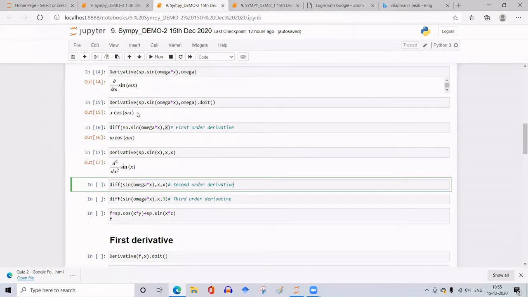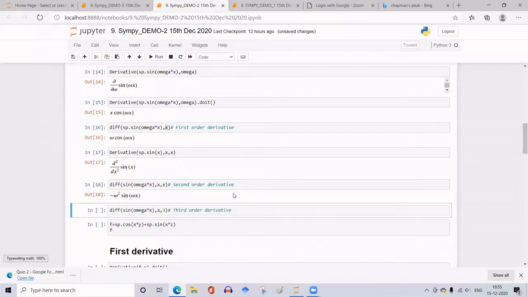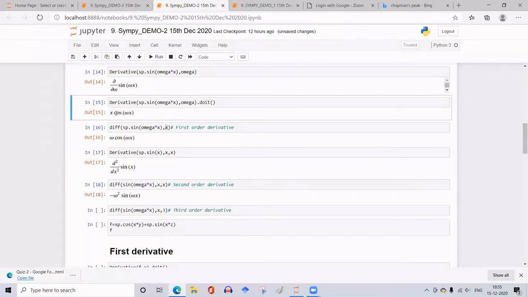Differentiate this once again: minus omega square sine of omega x. So this is already once differentiated. Do it once again with respect to x.